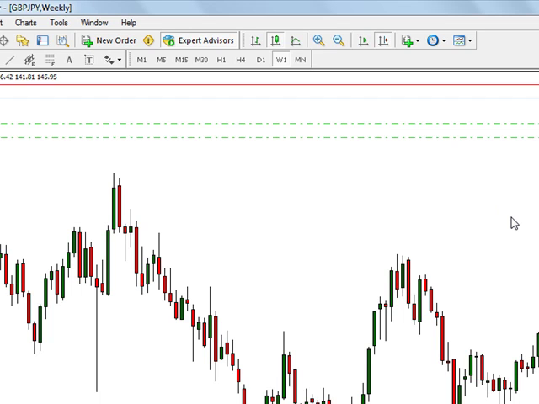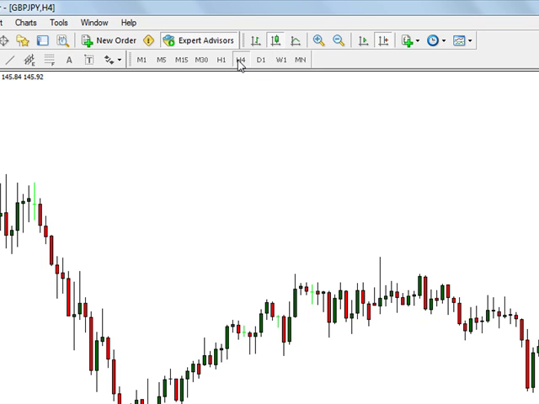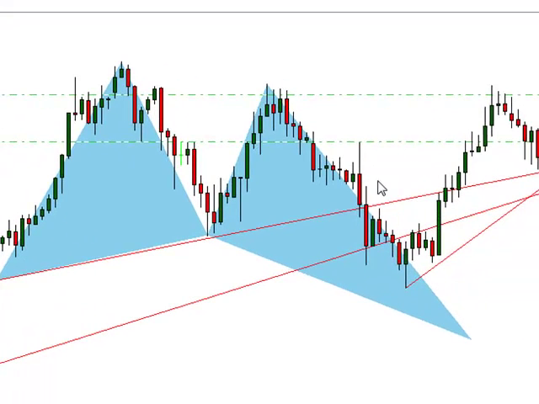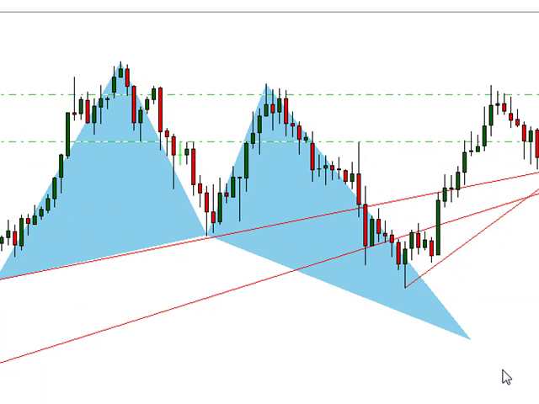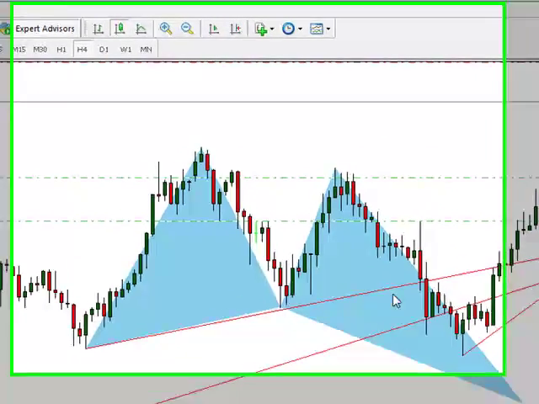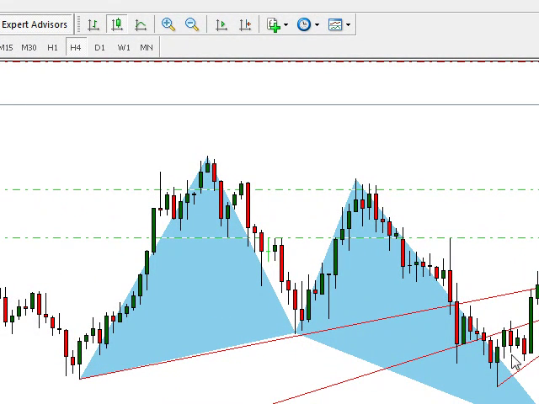I believe this video has explained how you trade emerging patterns. We must understand, like I said earlier, that not every emerging pattern will complete itself. In this example, this emerging butterfly pattern did not reach the D level, but our trend line interaction showed us that it was not going to continue towards the D level, and so we took an opposite trade up with this bearish rejection pattern here.